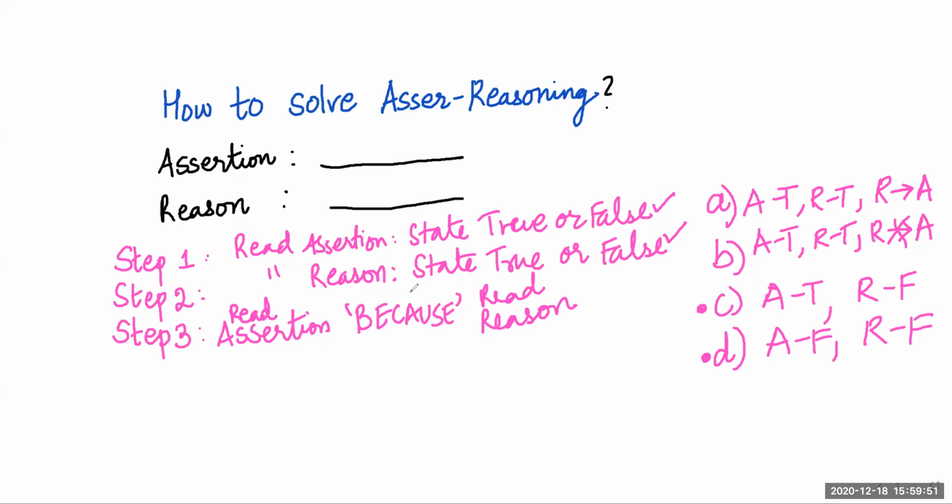So if assertion is true, reason is true, and if I write because in between, then it makes sense. So when you read this and it makes sense, then it is going to be A. If it doesn't make sense, then it is going to be B. Okay.